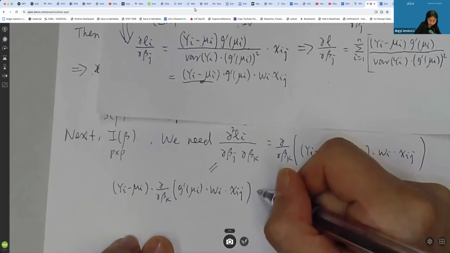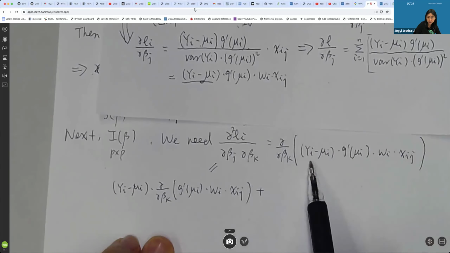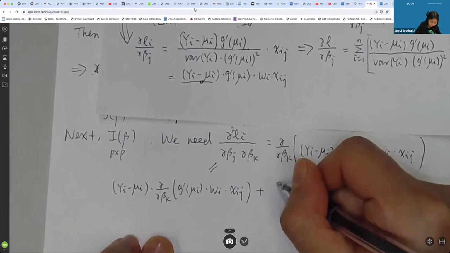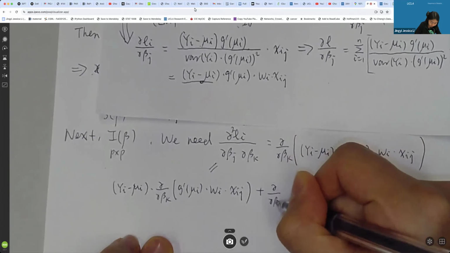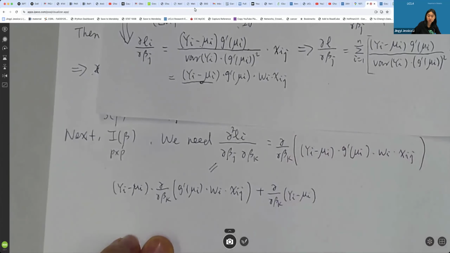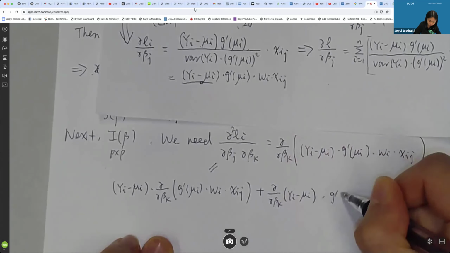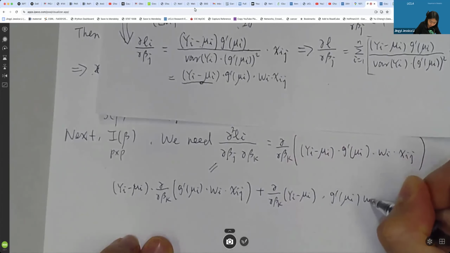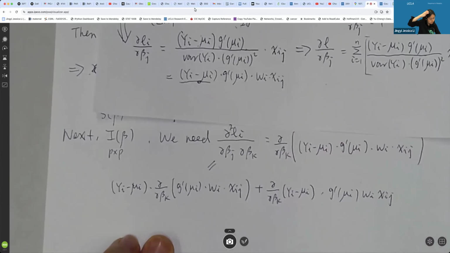Plus we put the partial derivative on the first term: partial beta k of yi minus mu i, times what's left, g prime mu i wi xij. We have these two terms.